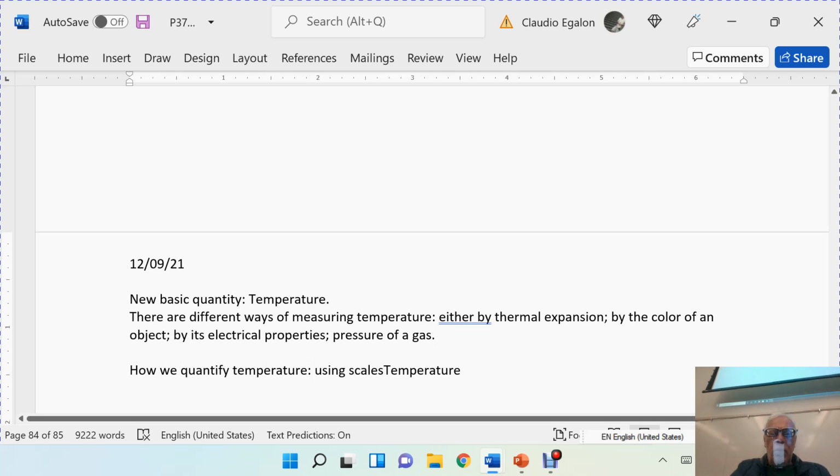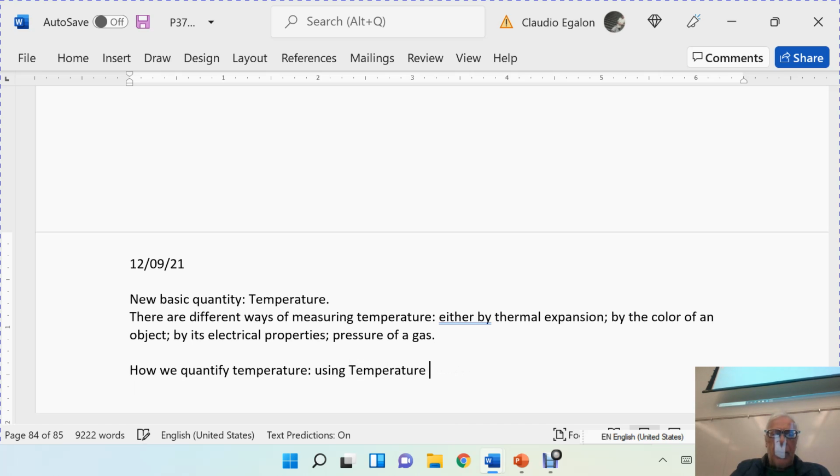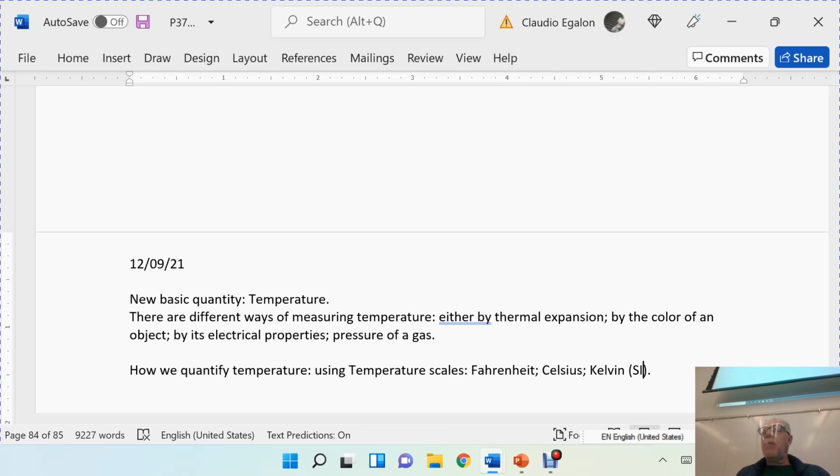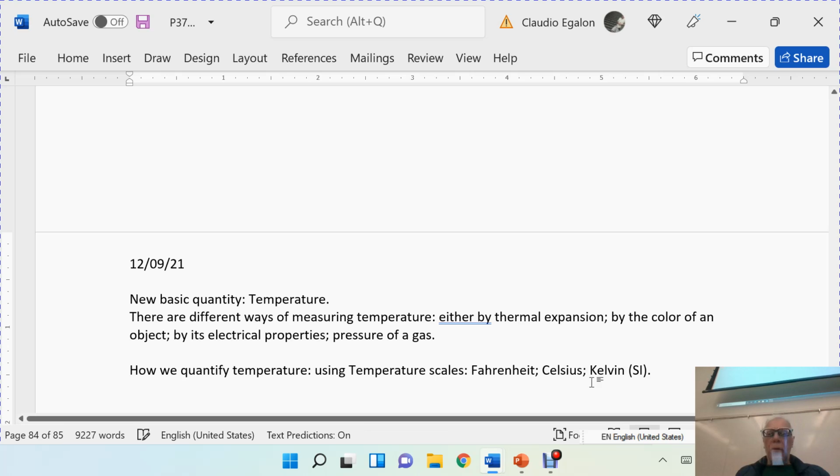There are three important scales. That is the Fahrenheit, that is the Celsius, and the most important of them is the Kelvin. That's the real SI unit. Any temperature should be expressed in terms of Kelvin, although sometimes it's far more convenient to express them in Celsius or Fahrenheit than in Kelvin.